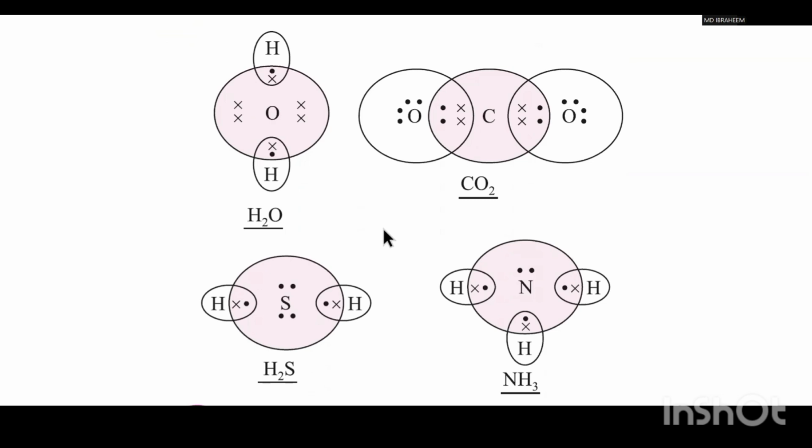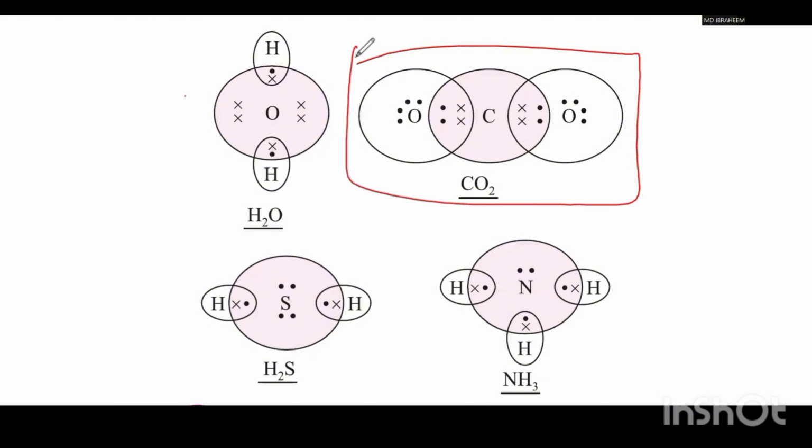Rarely they will ask the structure of water, H2S and NH3. But my dear students, I'm saying that this topic is important. Among all these structures, the carbon dioxide structure is important. So please take care of the structures of carbon compounds and remember the structure of carbon dioxide.